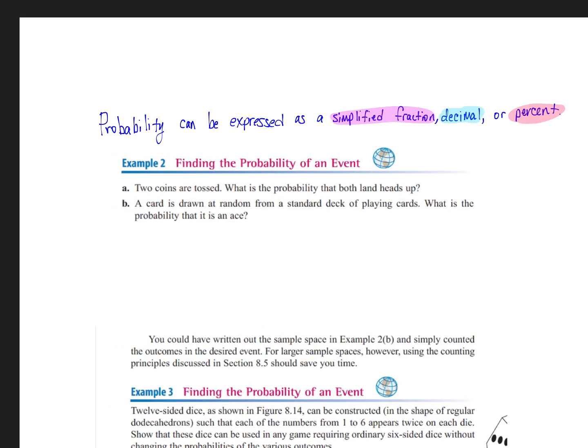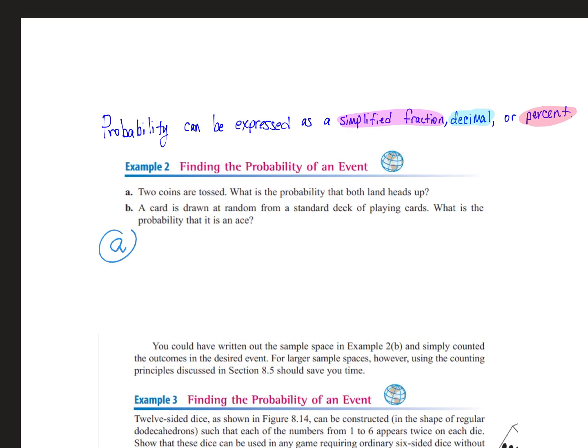Let's talk about some of these problems. Let's look at A. Two coins are tossed. What's the probability that both land heads up? What's the probability that the first one is a heads? 1 out of 2, right?